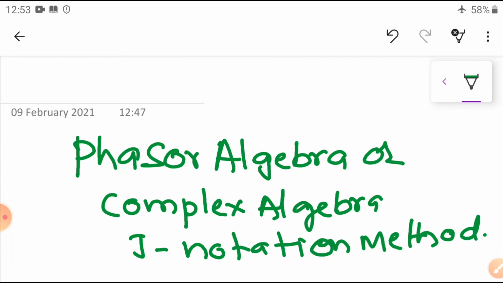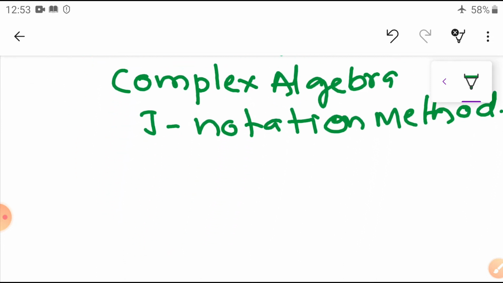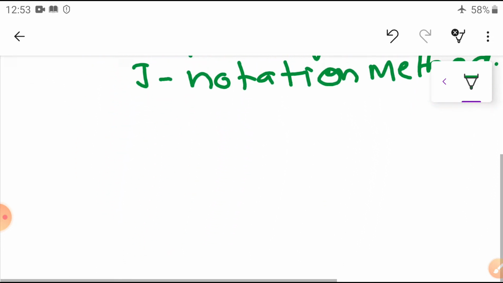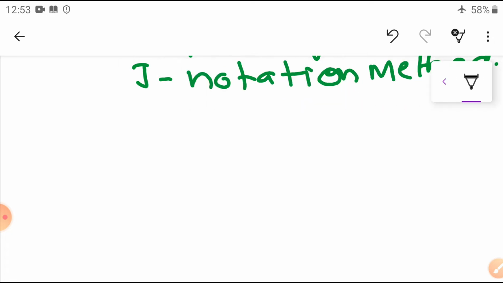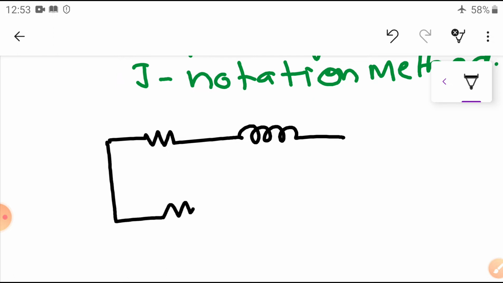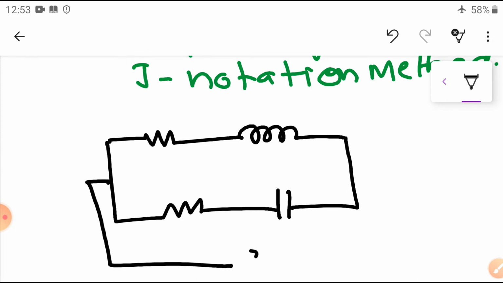Okay, dear students, let us see. What is the circuit given here? This is one resistance and inductance, and here is another resistance and capacitance, and this circuit is connected through a source. What is the current?